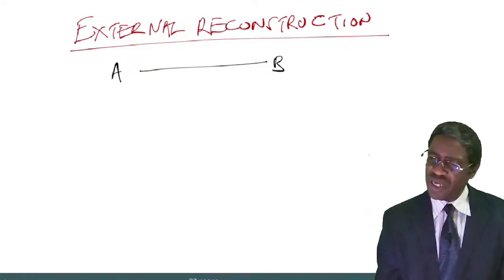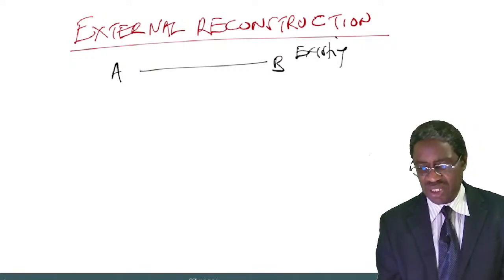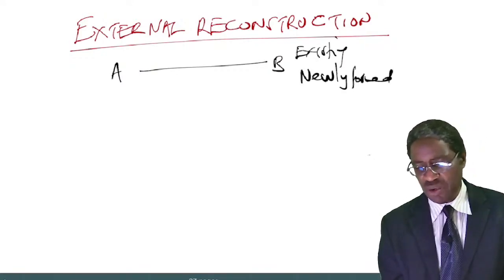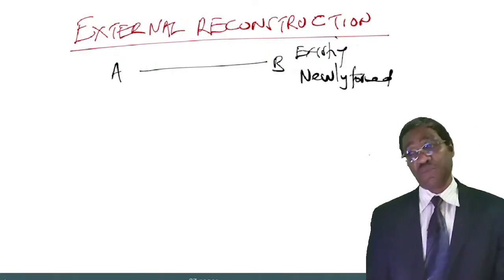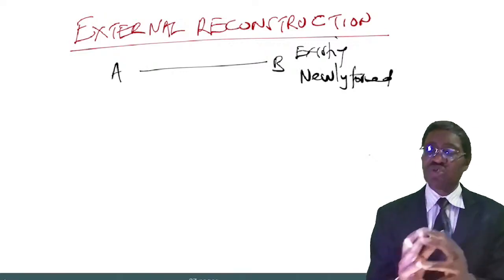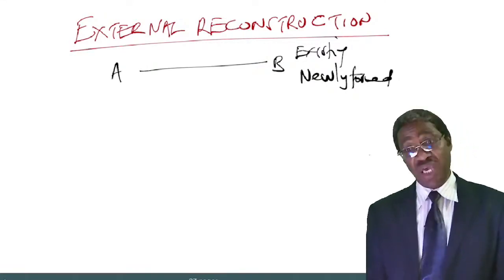This company buying A is either another existing company, or it could be a newly formed company. In other words, we can form company B so that it takes over the business of company A.